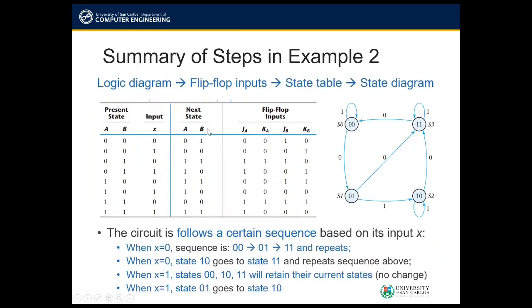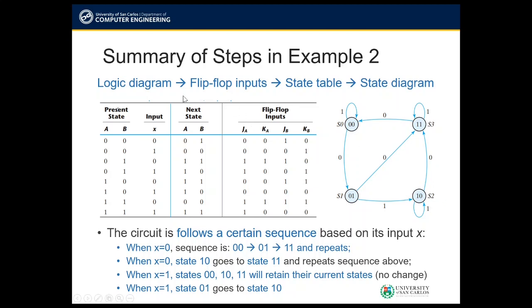As a summary of the steps we have done in example 2, we have first the logic diagram. From the logic diagram, we were able to derive the flip-flop inputs by tracing the circuit. Once we have the flip-flop inputs, we use the characteristic table to complete the state table. And finally, once we have the state table, we can interpret that in a state diagram, which we have here.